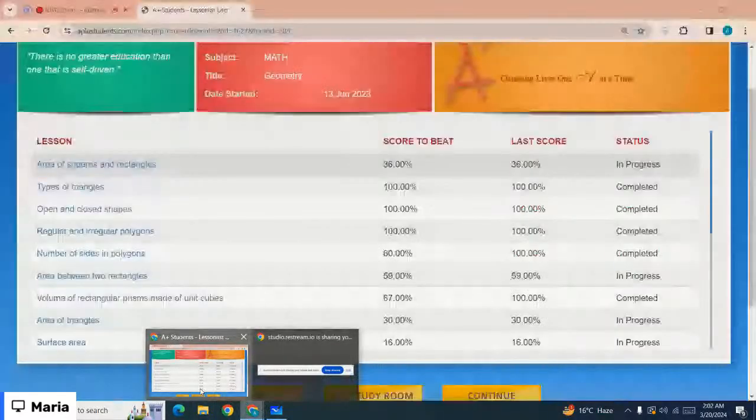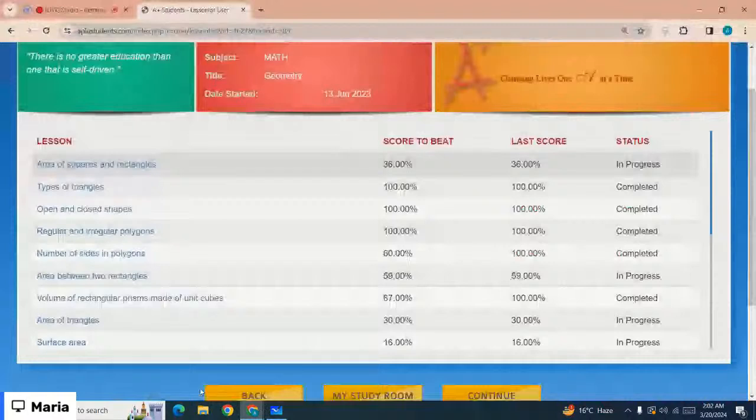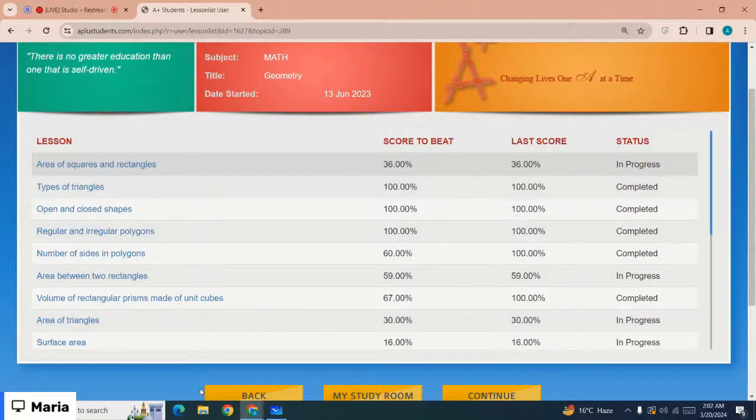Okay, here I am on grade 5 math. The chapter we're going to start with is geometry. Let's just start with the first lesson, that is area of squares and rectangles.